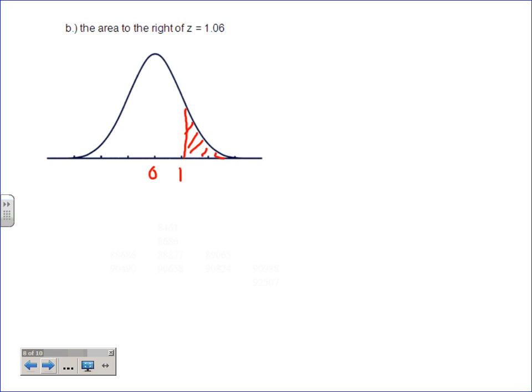Here's what I want you to learn how to be able to do. Let's go find the answer the table gives us, which is this, right? Let's do 1 minus that. Do you agree I have the complement of the blue? That's what I want. So let's go find the answer the table gives us, and then we'll test your hypothesis as to whether I can do it the other way.